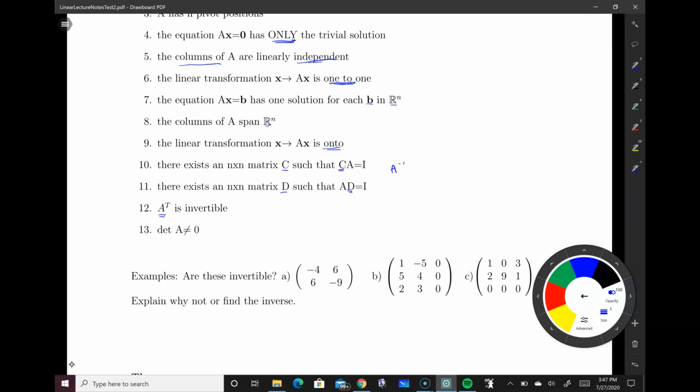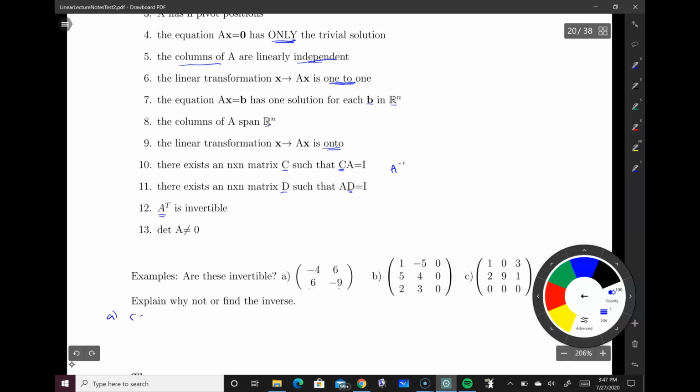So let's figure out whether these matrices are invertible or not. So looking at these two here, I can see that if I multiply by negative 3/2 between these two columns, they're related to each other.